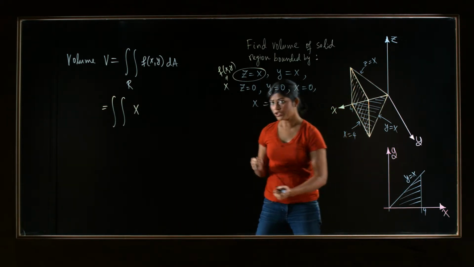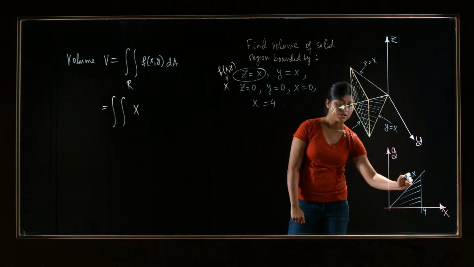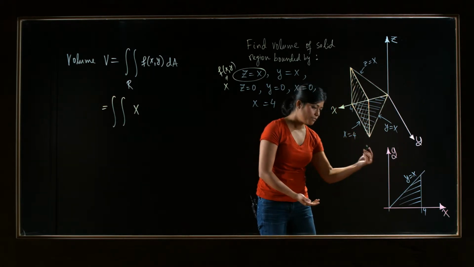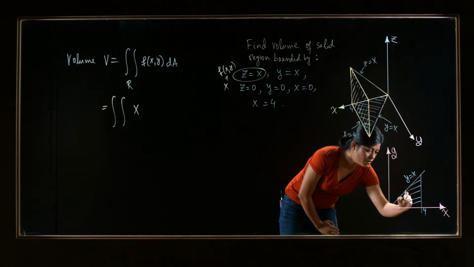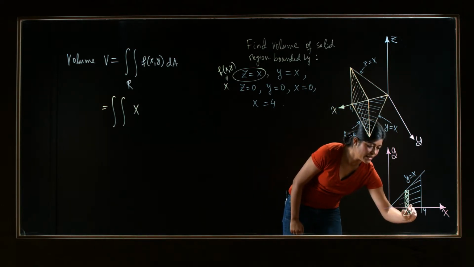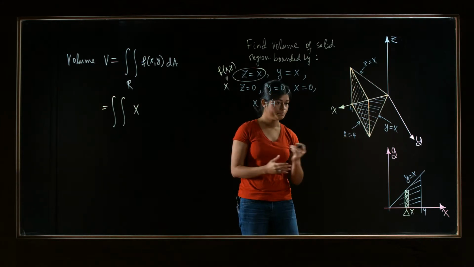Okay, this is our y equals x, and x equals 4 and the x-axis. So, this is region R, and now we have to figure out what the x bounds and the y bounds are going to be. For that, we need to draw a rectangle inside the region. And notice that the width is delta x. That means x will be the outer variable.